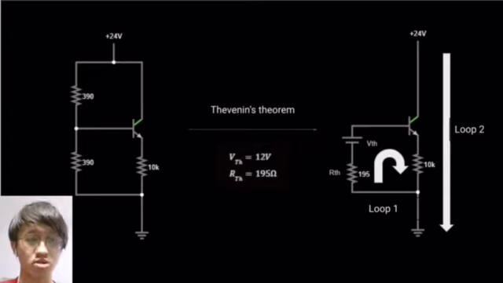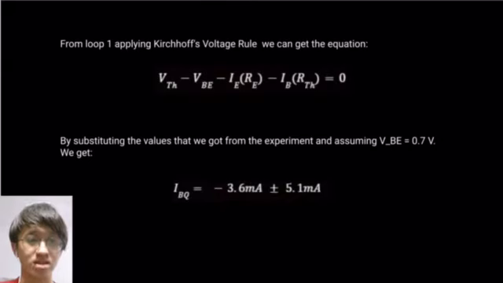On the right-hand side, we can see there are two loops, and for each respective loop we can use Kirchhoff's voltage rule to get an equation. By substituting the values that we got from the experiment and assuming that the voltage between base and emitter is 0.7 volt, we get that IBQ equals negative 3.6 milliamperes plus or minus 5.1 milliamperes.